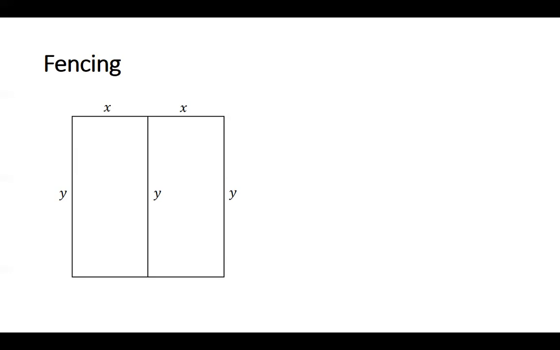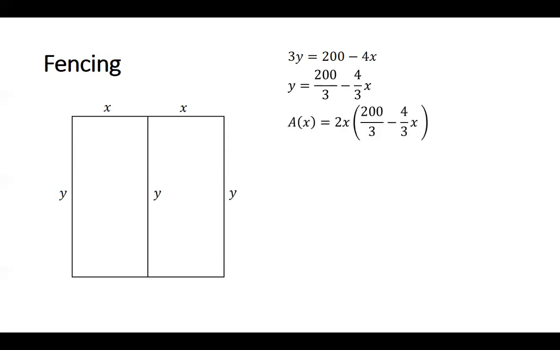So I can say that 3y is equal to 200 minus 4x. If I start with the 200 and I take away all the lengths of the x's, then I'm left with the 3y's. So if I solve for y, that gives me y is equal to 200 thirds minus 4 thirds x. Now that I have x and y, I can find the area because the area of a rectangle is just length times width, right?